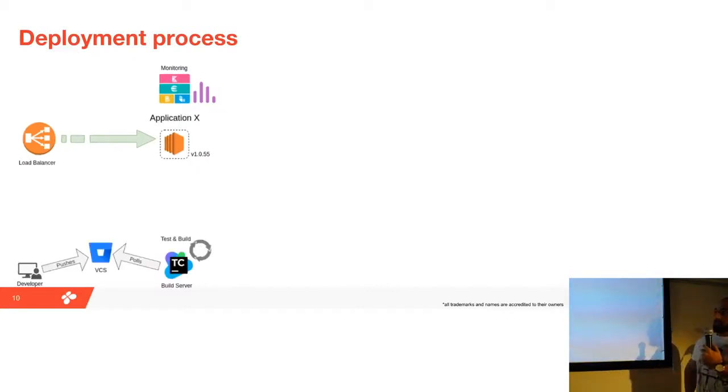When a developer decides to develop some changes and pushes these changes to the VCS, the build server will start automatically, pull the changes, run the tests, and make sure that everything is okay and this is a deployable change.